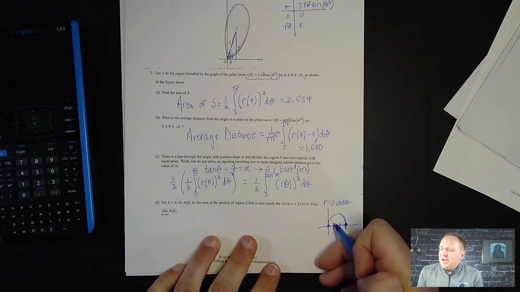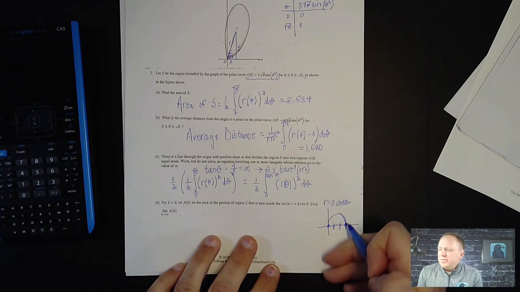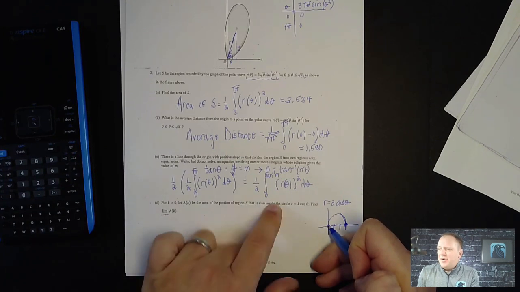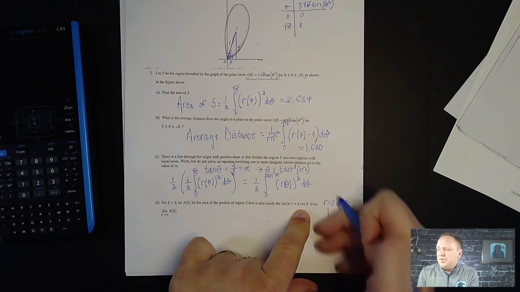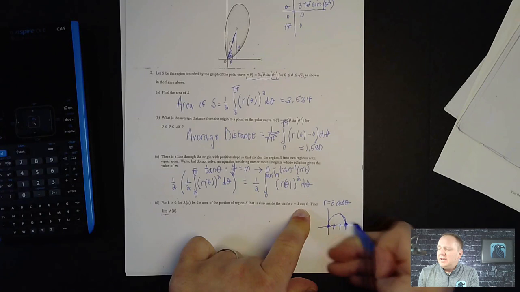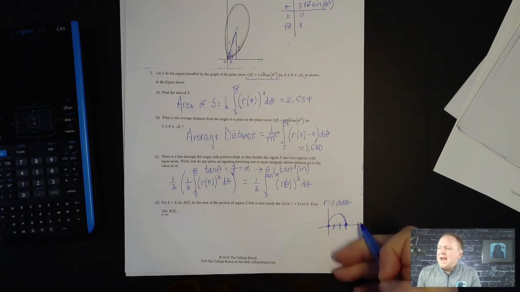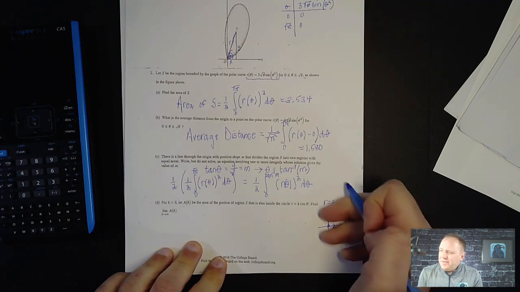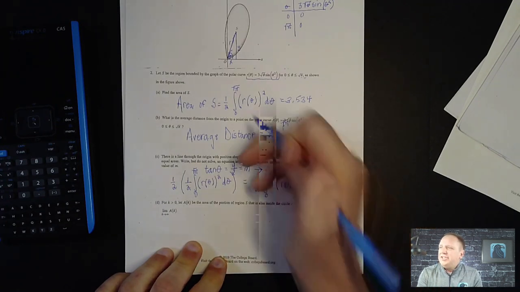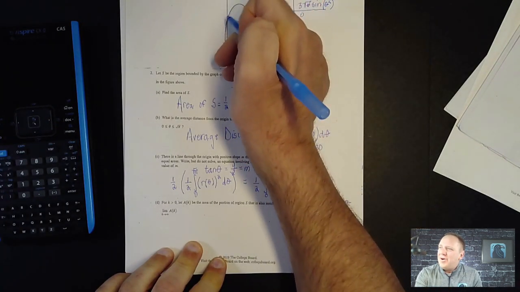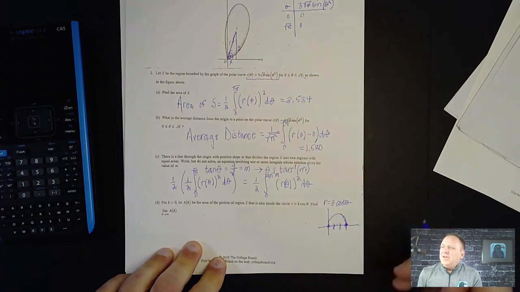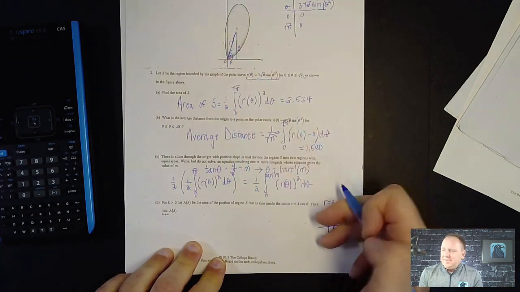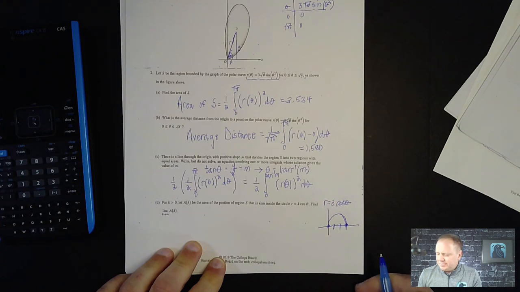So this automatically is only going to go from 0 to pi over 2 and shut down in this form. You could do r equals 4 cosine theta, 5 cosine theta. But as k goes to infinity, this thing should shut this part down. This should be inside of it only from 0 to pi over 2.